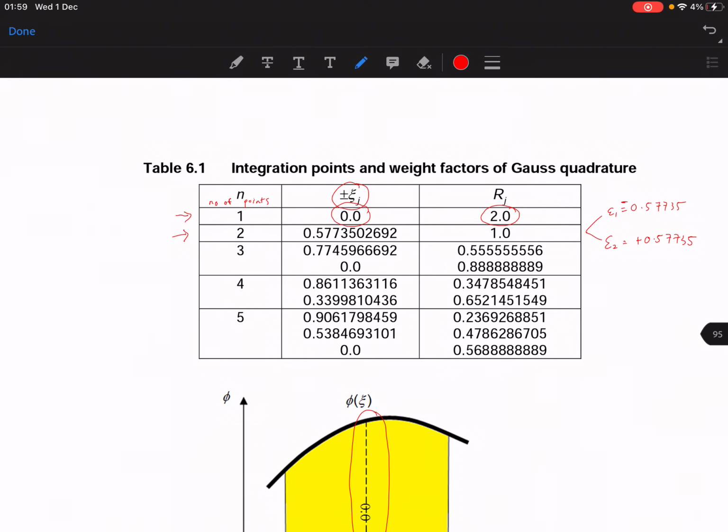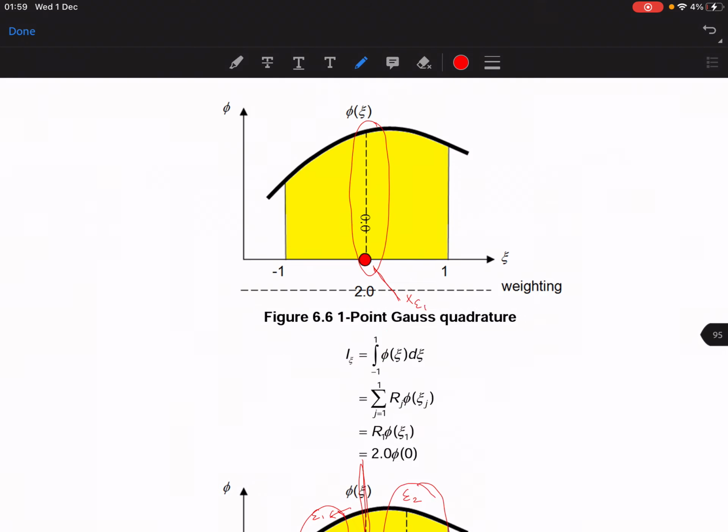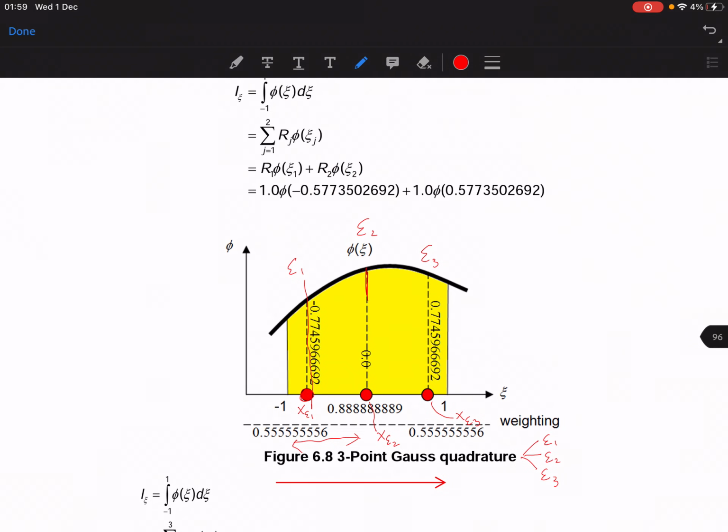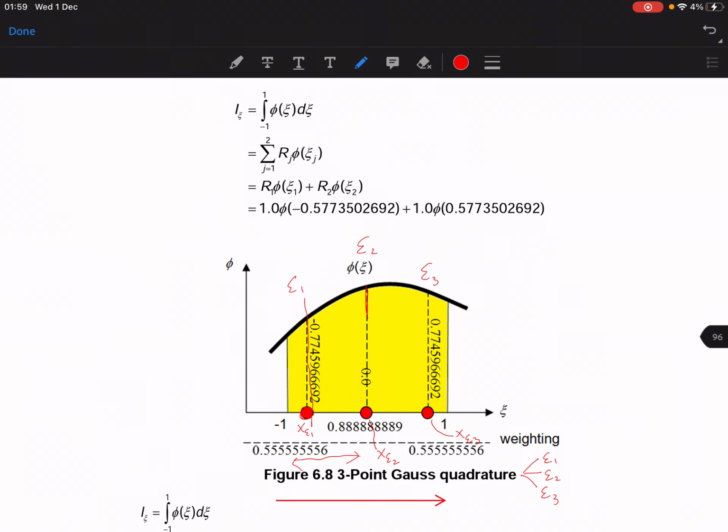And how about 3-point Gauss quadrature? If we look at 3-point Gauss quadrature, as I mentioned just now, this is Zeta 1, this area is Zeta 2, and this area is Zeta 3. Zeta 1 is located in the negative region, while Zeta 2 is located in the center, so it will become 0 because the center between -1 to 1 is 0.